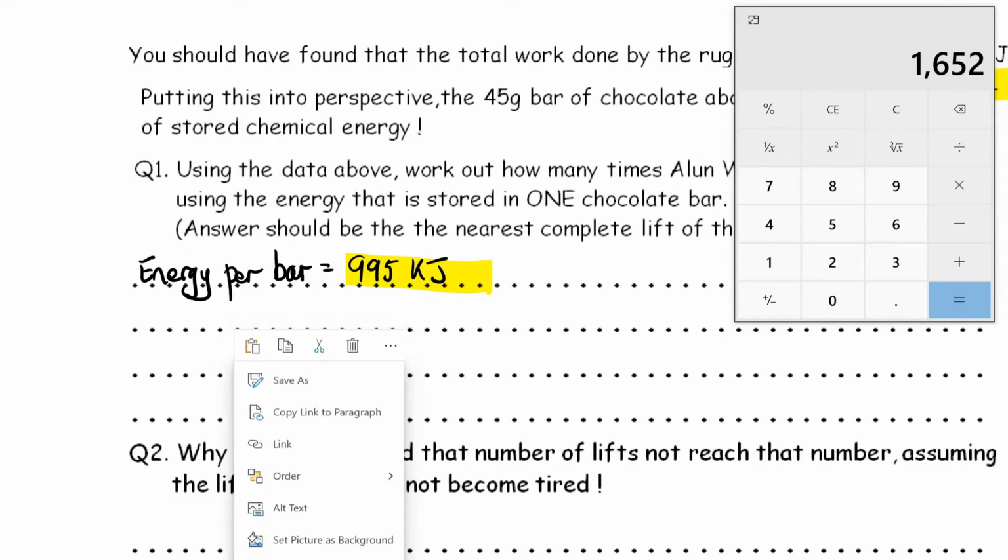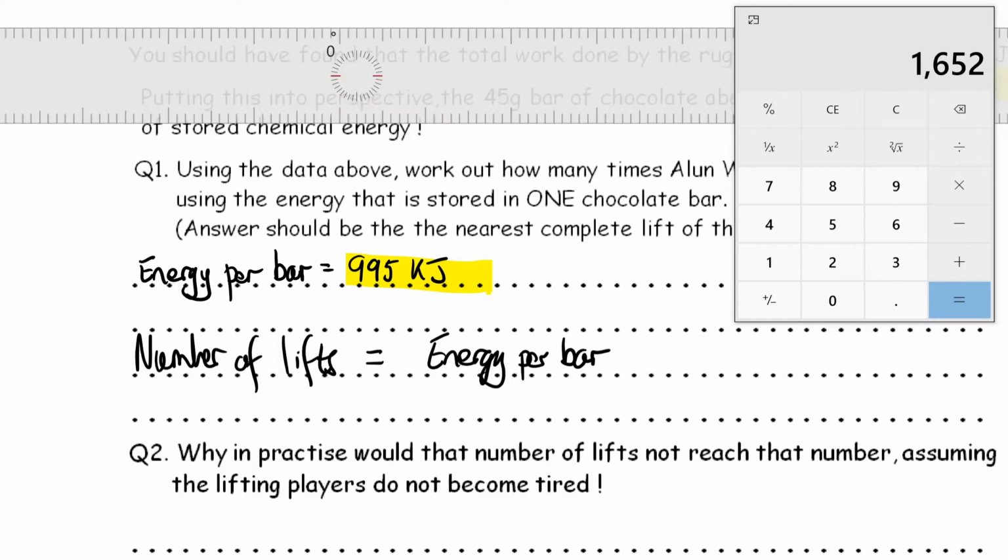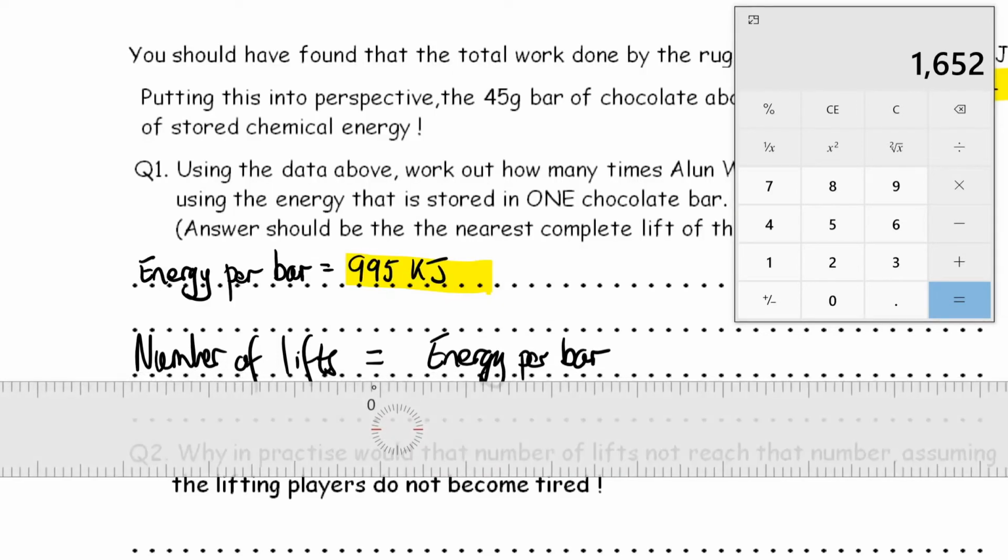And the key here is for you to realize that the number of lifts is calculated by dividing energy per bar, or in one bar, divided by energy needed for one lift.